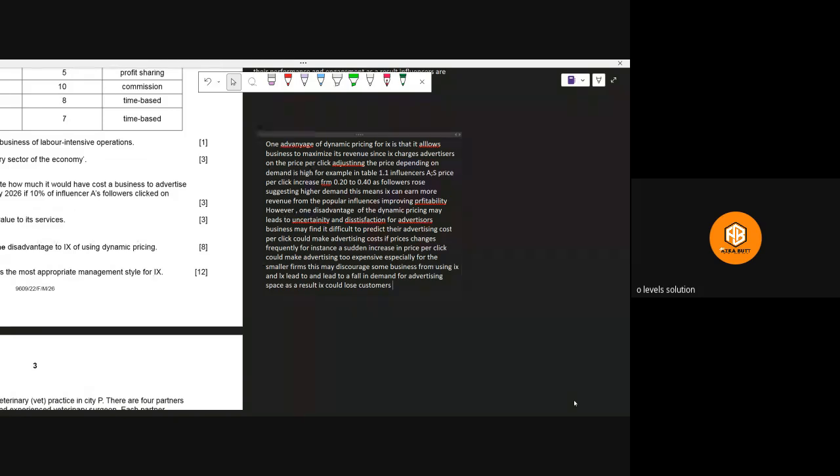So this will be really expensive for them, and that's why there will be less demand for the IX services, and IX could lose customers to competitors offering more stable pricing, potentially reducing long term revenue. Yeah.